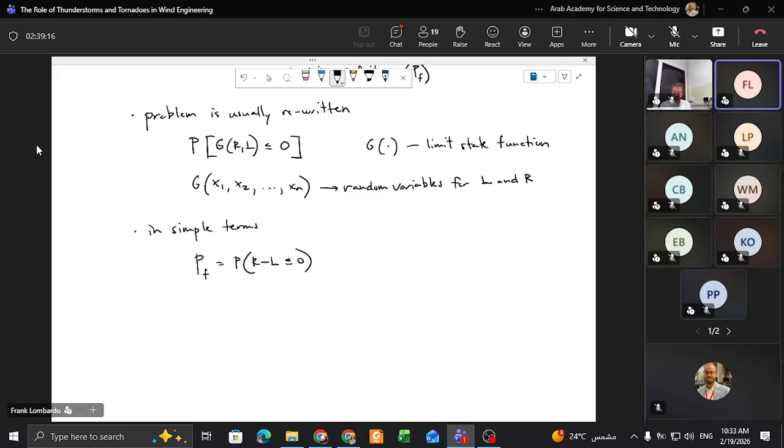And we say that this limit state function G has random variables for loading and resistance. So for wind load, think about the things that are involved in the computation of wind load. What are some random variables in the load? Yeah, pressure coefficient, for sure.